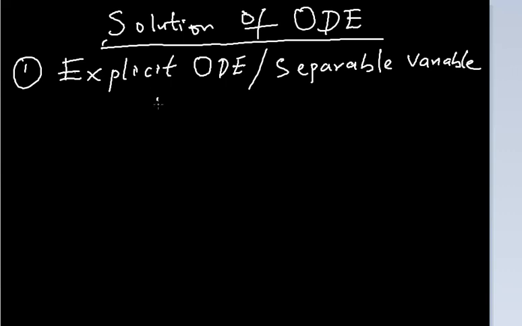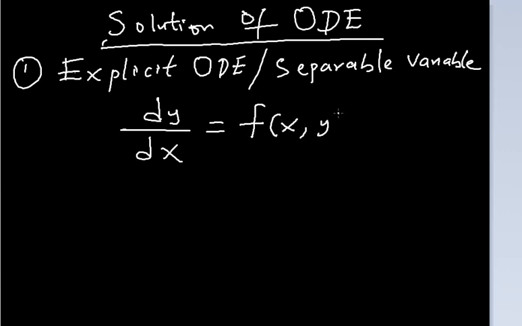When an ODE is of this form, dy/dx equals a function of x and y, with dy/dx separated from the actual function of x and y, such an ODE is said to be separable, or explicit. The derivative is separated from this function.